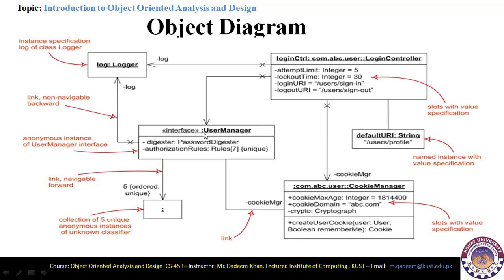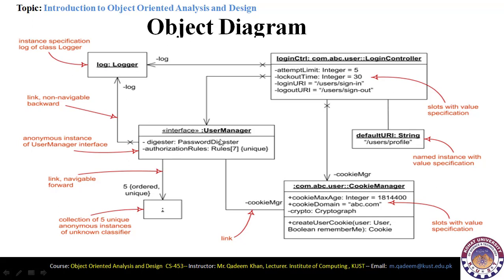For example, here user manager is the interface class, and the objects interact with the interface class. Now the interaction is one directional. That is, the data is in fact flowing from the user manager object towards the log object.